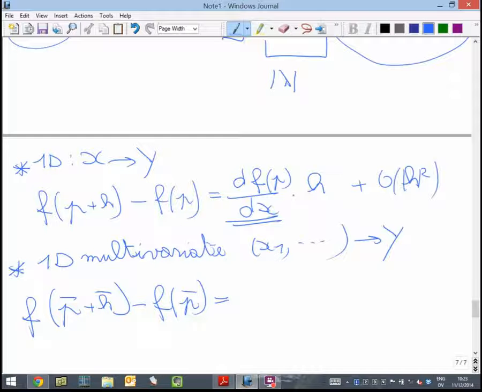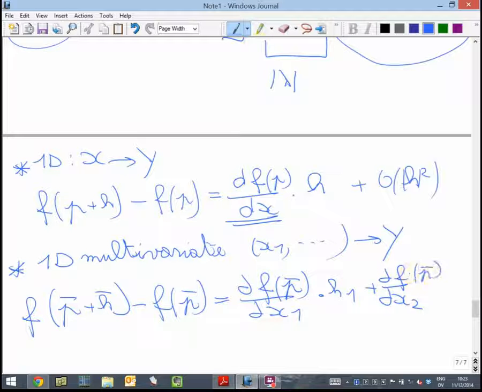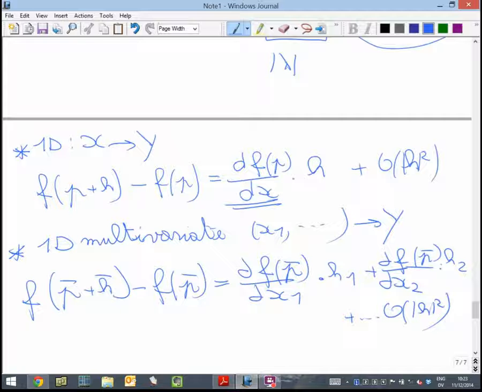And then we need the chain rule, or rather the rule for derivatives of multivariate functions. First we have the partial derivative of f with respect to x1 evaluated at the fixed point p, multiplied with h1. Then you repeat this for all of the independent variables, and so on and so forth, and you still make a mistake on the order of magnitude h squared.